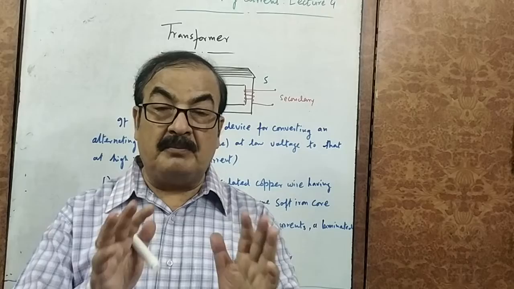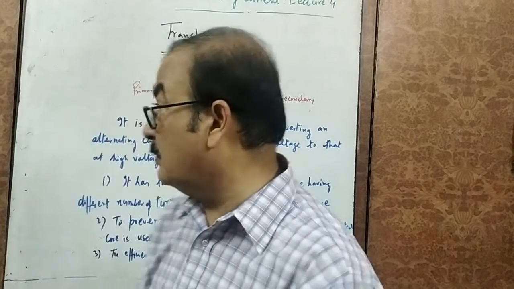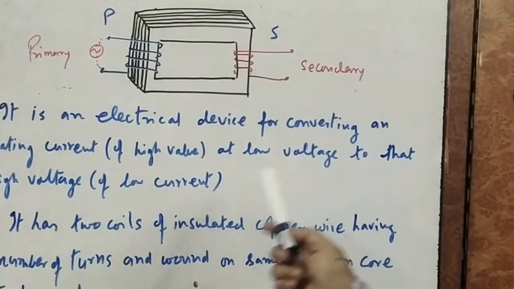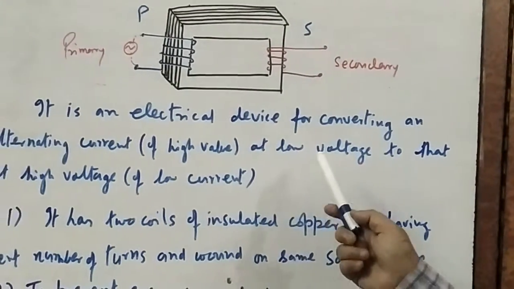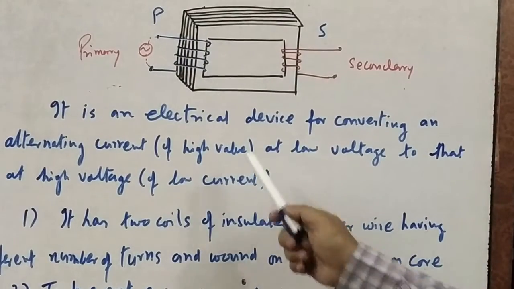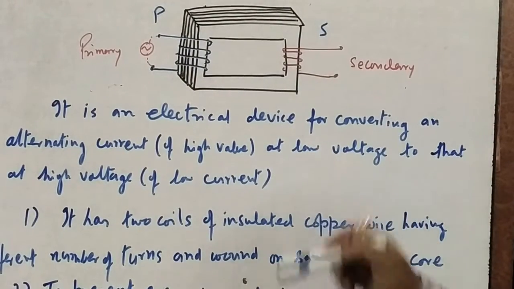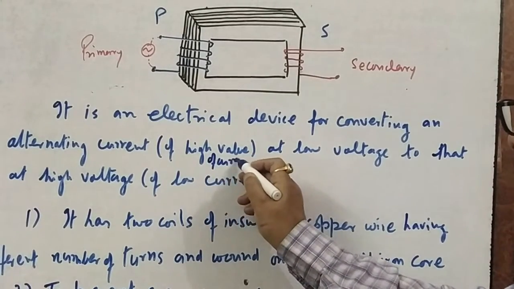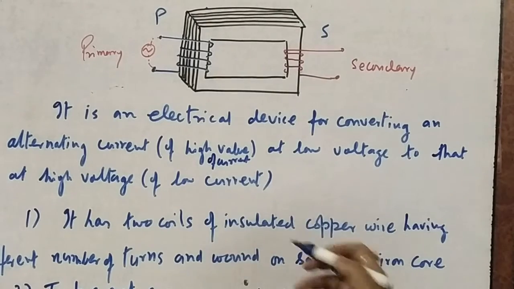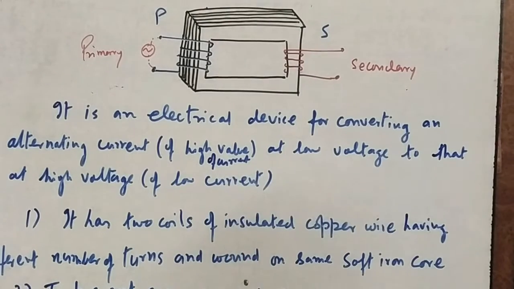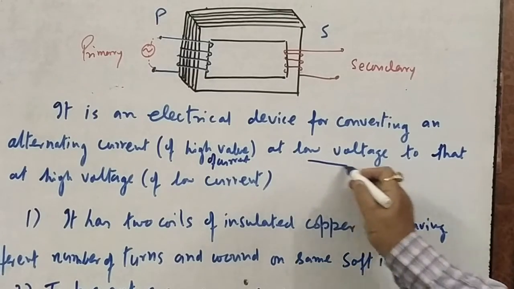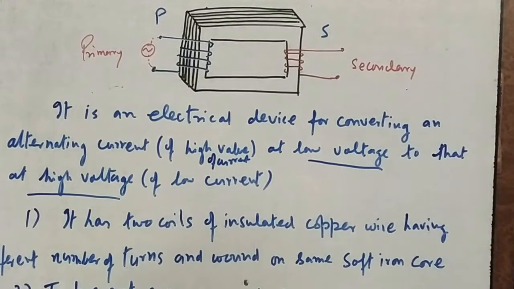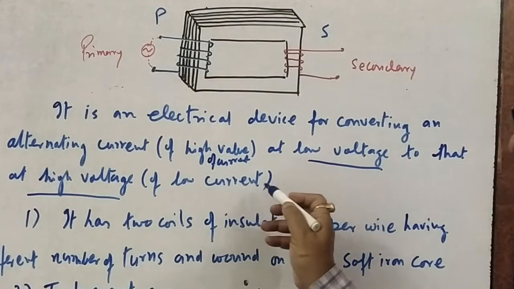But we have to see what is the basic thing. What is transformer? Transformer, as its definition is, it is an electrical device for converting alternating current of high current at low voltage to that at high voltage. Low voltage converted to high voltage, and here again it is said it is low current.